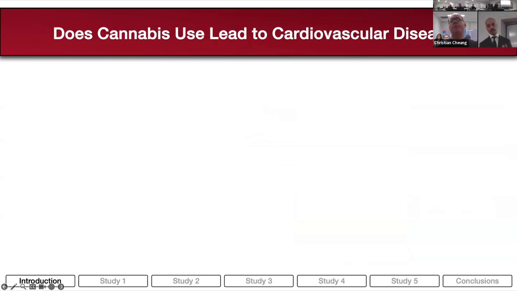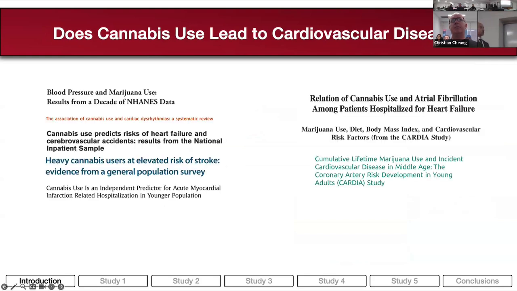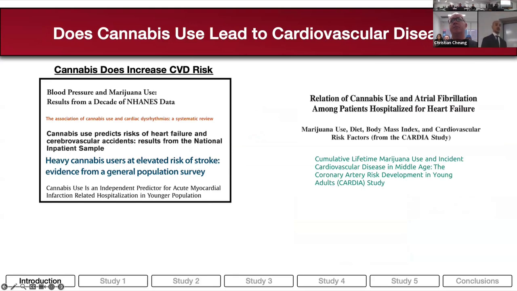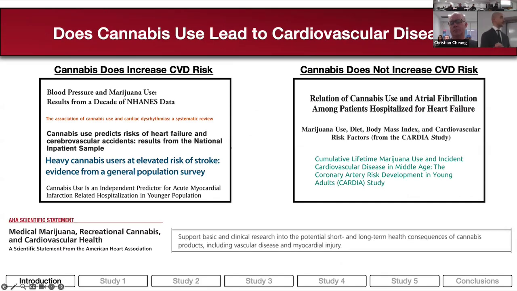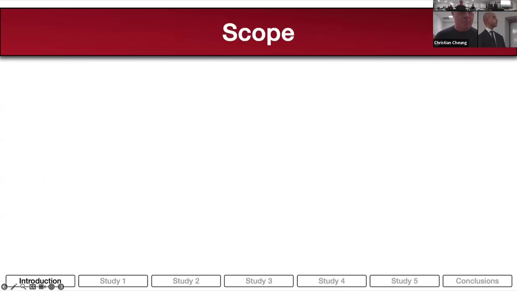Now, whether or not cannabis affects the risk of cardiovascular disease has been the topic of investigation by a number of different research groups. And when you look at the literature, what you'll see is that there's a mix, such that some suggest that it does increase the risk of cardiovascular disease, while almost a near equal number suggest that it does not. Now, this equivocal body of literature has generally led professional societies like the American Heart Association to indicate that there's a need for basic research into both the short and long-term effects of cannabis on the cardiovascular system.